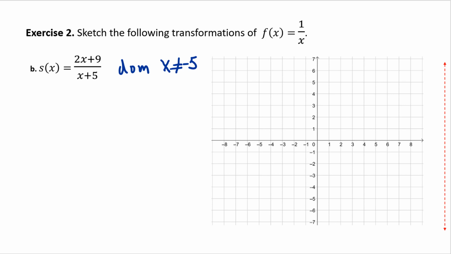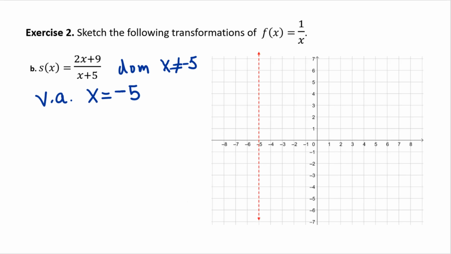That gives you a 0 in the denominator. And so we know by definition that we have a vertical asymptote of the line x equals negative 5. Let's sketch that in place. So we've got vertical asymptote equals x equals negative 5. Let's get 2 more pieces of information as we continue.